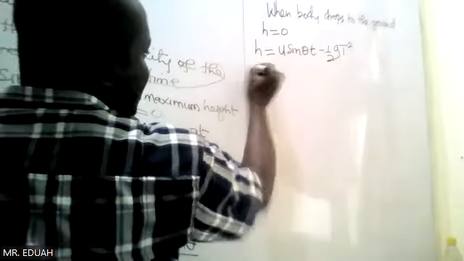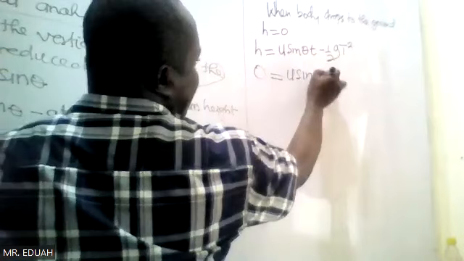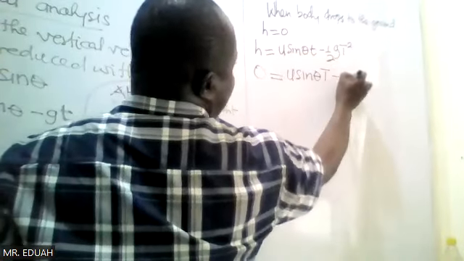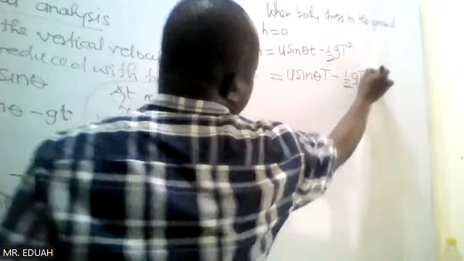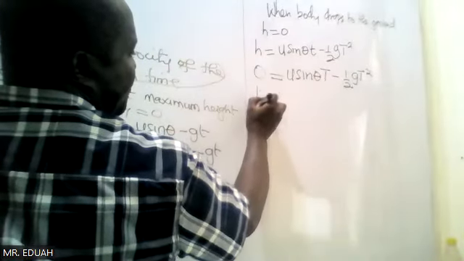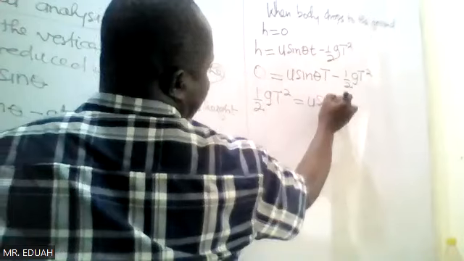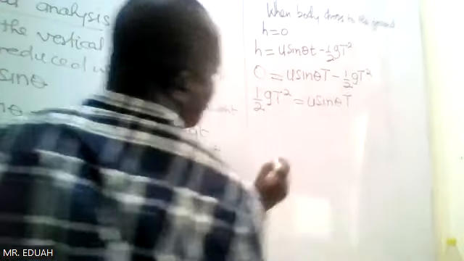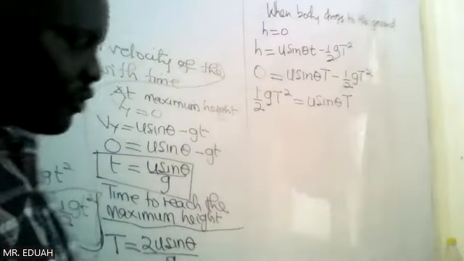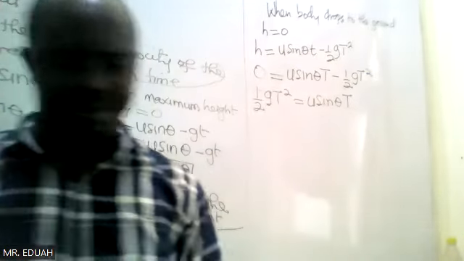So if H is 0, we are on the ground, and all the t here must change to capital T. It must be 0 equals U sine theta T minus half g T squared. When we send the negative term to the other side, we have half g T squared is equal to U sine theta times T. Please, I want you to make T the subject from this equation for me.